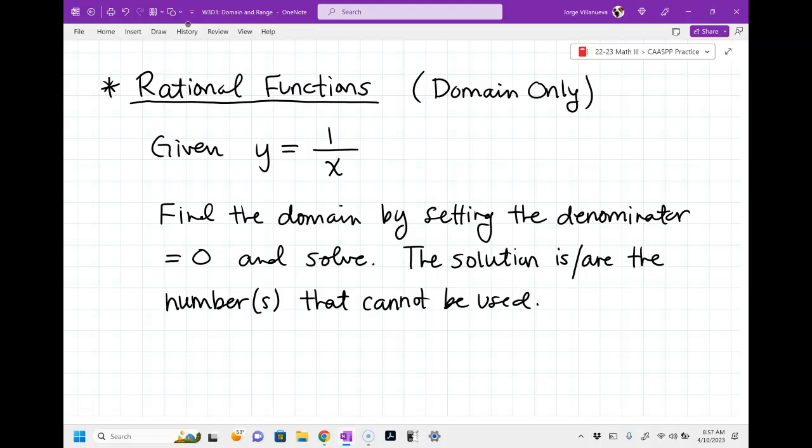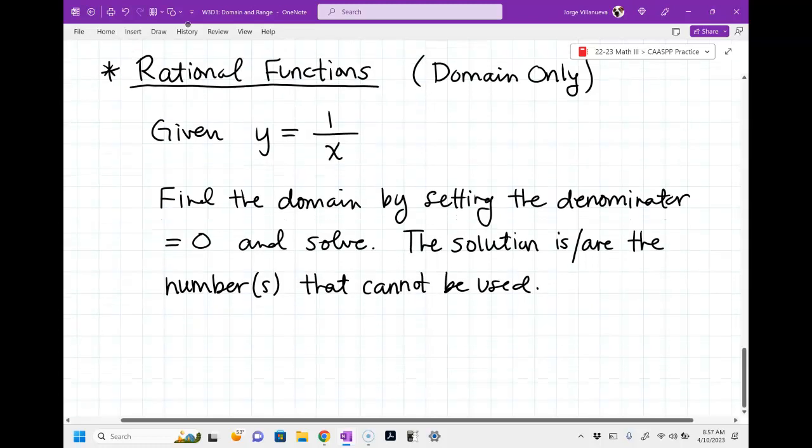So if you got like x equals 3, then you're going to say it's all real numbers except for x equal to 3. Right? If you got x equal to 2, you're going to say it's all real numbers except for x equal to 2. Right? So whatever you solve for, those are the things you cannot use. So you're just going to set your denominator equal to 0 and solve.